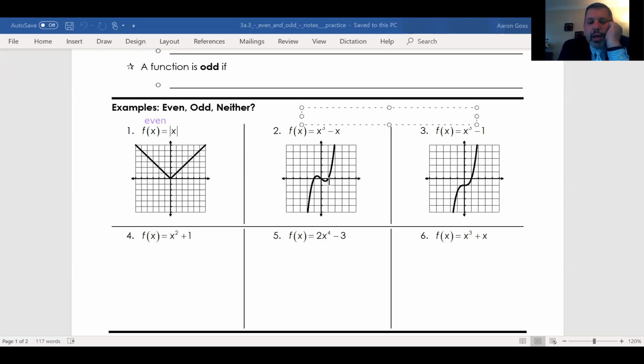For it to be odd, it has to go through the origin. So it goes through the origin there. And if I rotated it 180 degrees, it would land back on top of itself. So that function is odd.